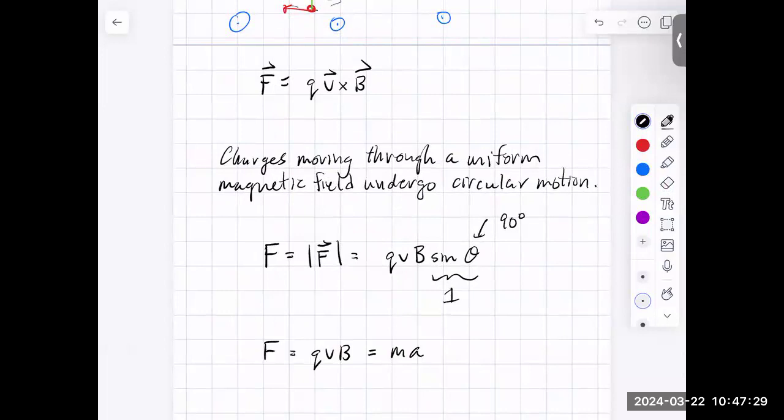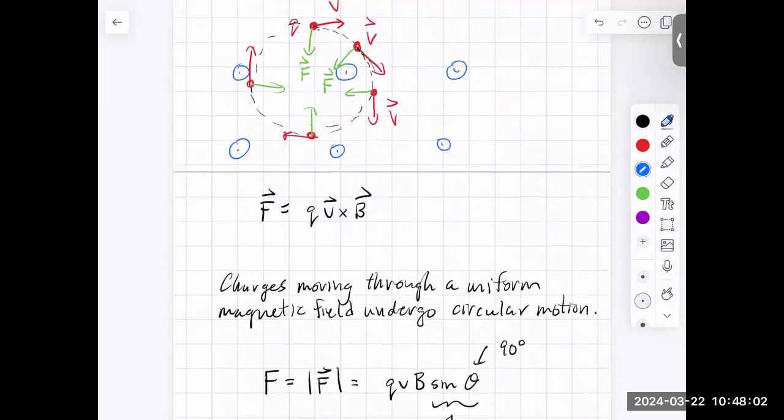But for an object moving in a circle, what's the acceleration equal to? What do you call the acceleration for something going in a circle? It's the centripetal acceleration, and the centripetal acceleration is equal to what? Somebody must know. Yeah, v squared over R. Okay, that's exactly what it is. v squared over R, where R would be the radius of the circle.